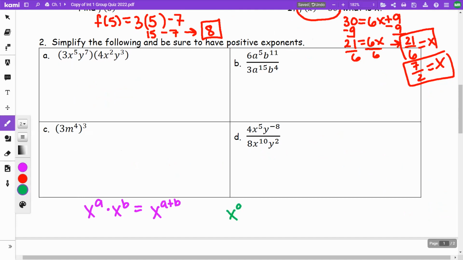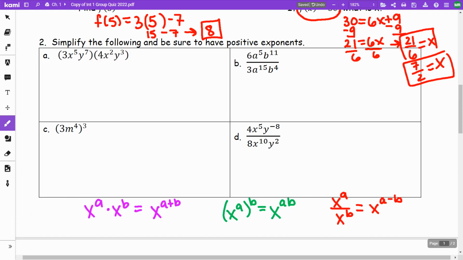If I have x to the a raised to the power of b, power to power, I multiply those and I get x to the a times b. If I have x to the a over x to the b, I can cancel x's from top and bottom, but the rule is x to the a minus b, top minus bottom, exponent.